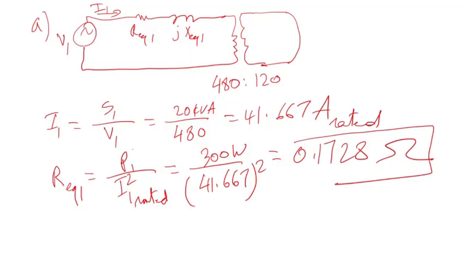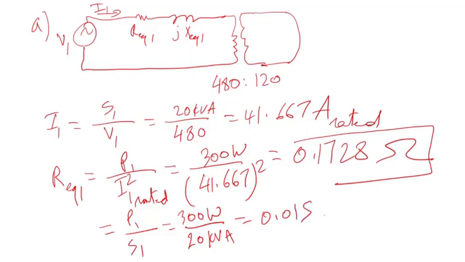So that's in ohms. If you want it in percent, you take P1 divided by S1 rated, which is 300 watts divided by 20 kVA, which would be 0.015 per unit, or 1.5%.